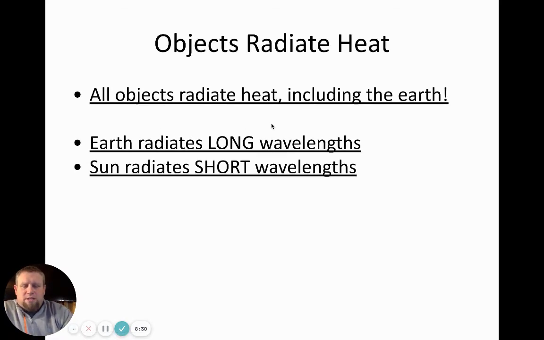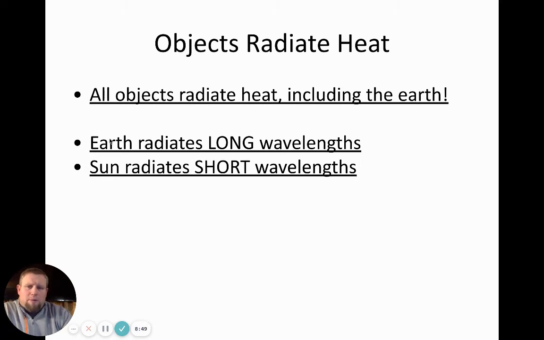So what this means is that the Earth absorbs heat from the sun, and the Earth then re-radiates that heat back out, right? Because it absorbs the heat and becomes an object that is hot, it then re-radiates that heat back towards space.